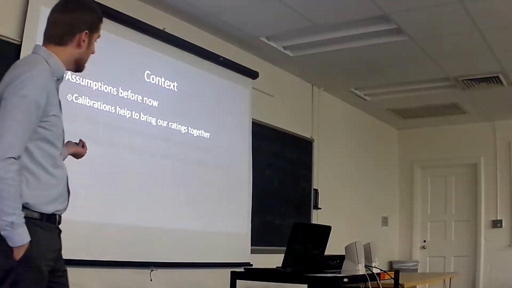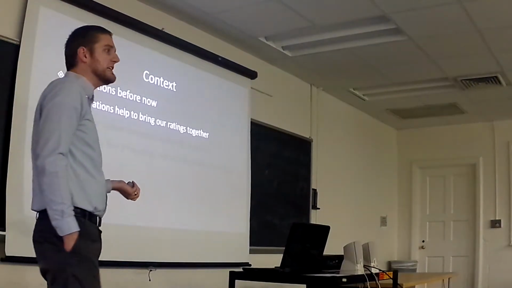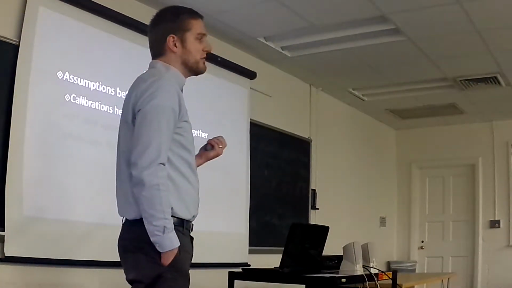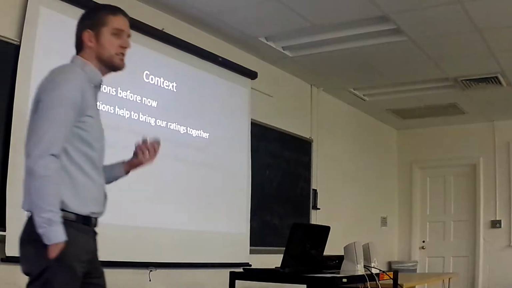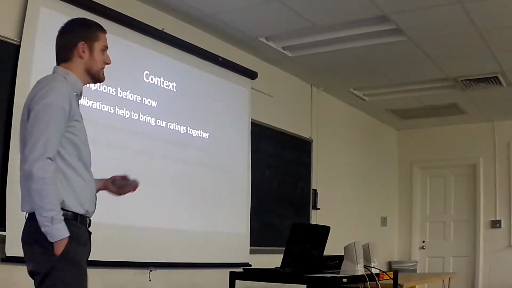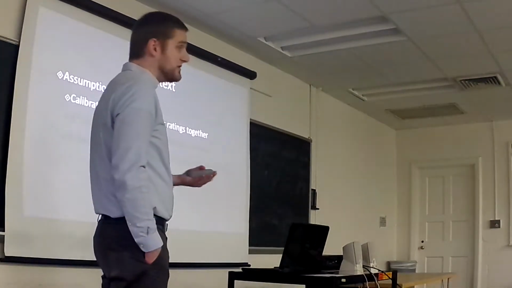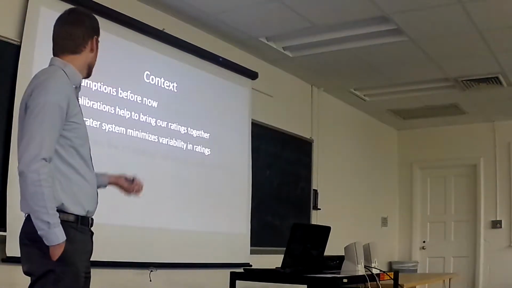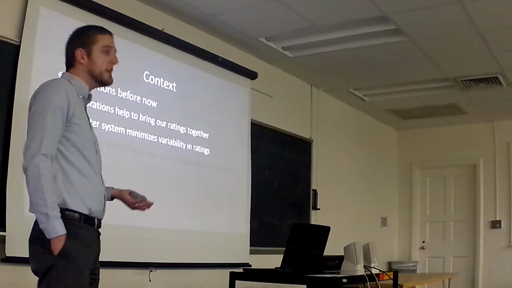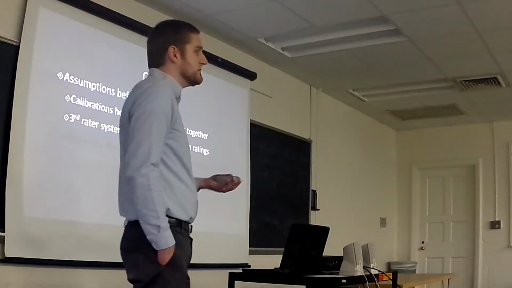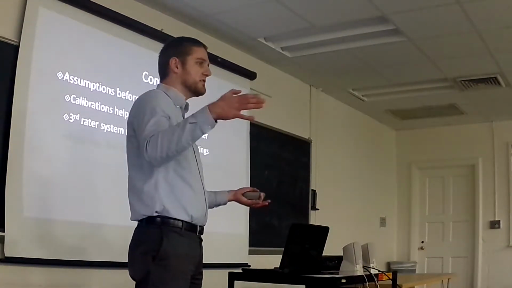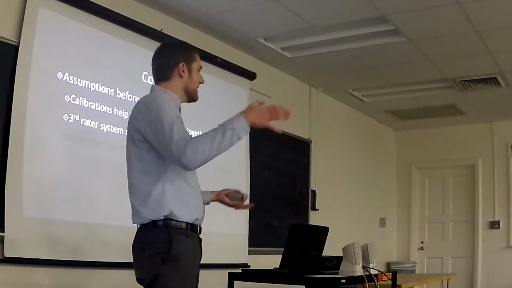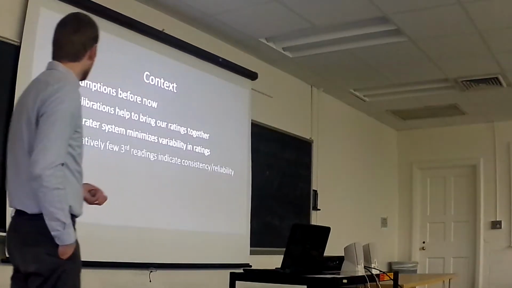So our assumptions before now, the argument that we made to CEA for the reliability of this writing test assessment: our calibrations help us to bring the ratings together. The third rater system minimizes variability in ratings to an extent. I mean, obviously, if there's a wide discrepancy between ratings, we bring in a third rater.